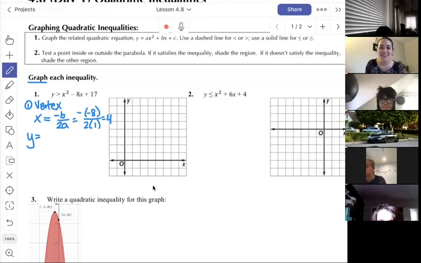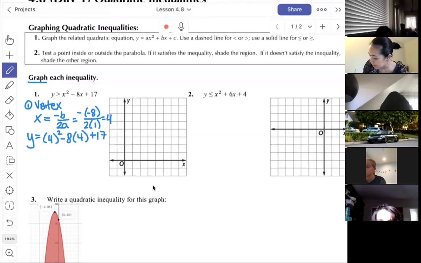Thank you, Michael. Yes, plug it in and you can find the y-coordinate. So plug in 4, and then simplify. All right, and I believe that simplifies down to 1. Okay, so our vertex is going to be 4, 1.